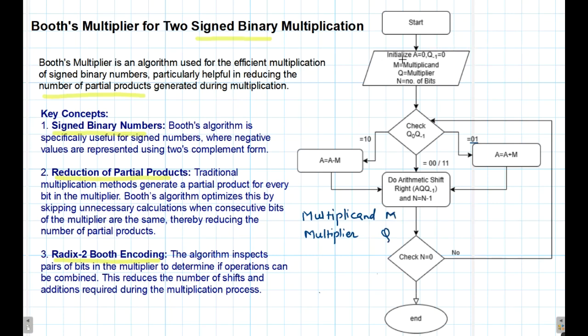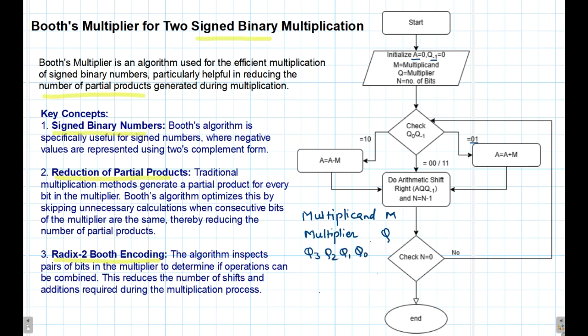First of all, we have to initialize two variables. One of the variables is A, which is initialized as 0. Here one additional bit is being considered, that has index Q minus 1. Let us assume that Q is a 4-bit number. So it will be Q3, Q2, Q1 and Q0.